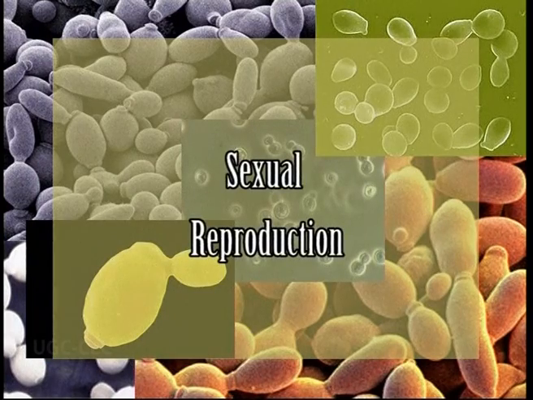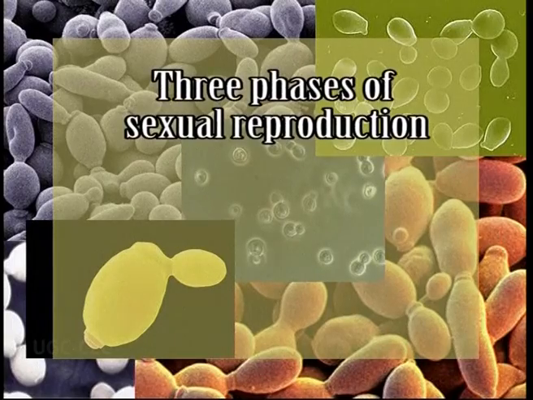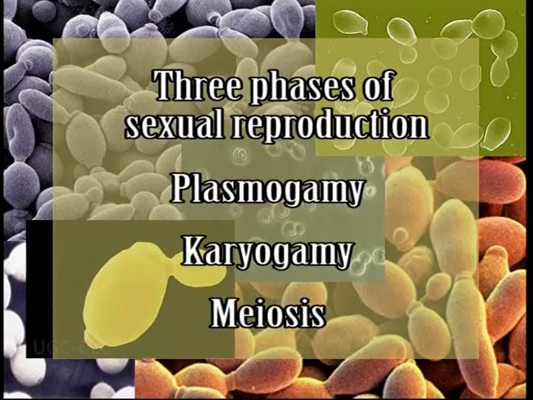Now, sexual reproduction. Sexual reproduction in Saccharomyces is extremely simplified with three phases: plasmogamy, karyogamy, and meiosis. Sexual fusion called hologamy takes place between two ordinary haploid somatic cells of opposite mating types.